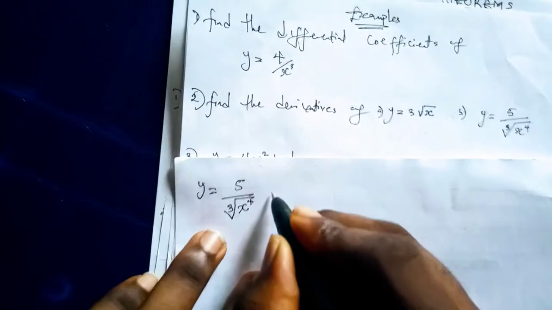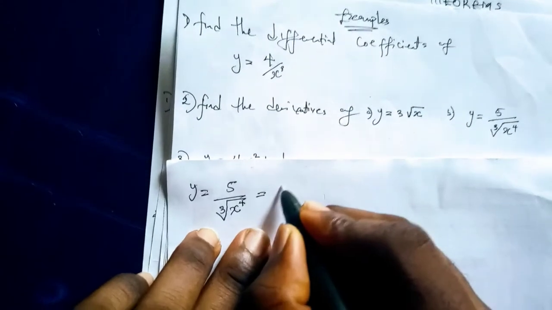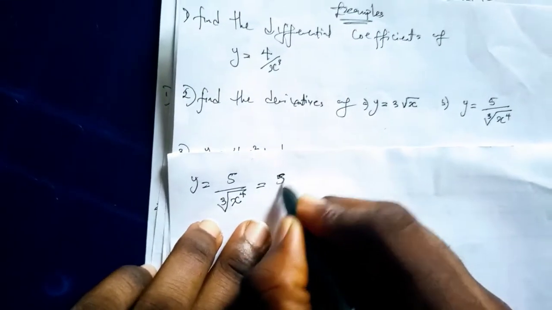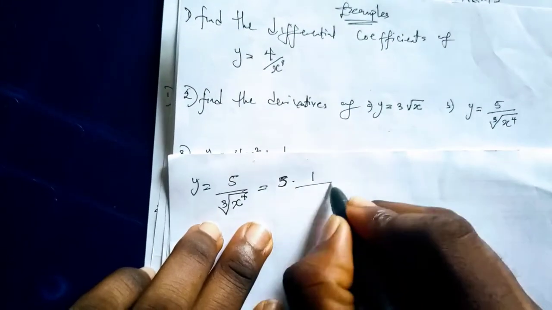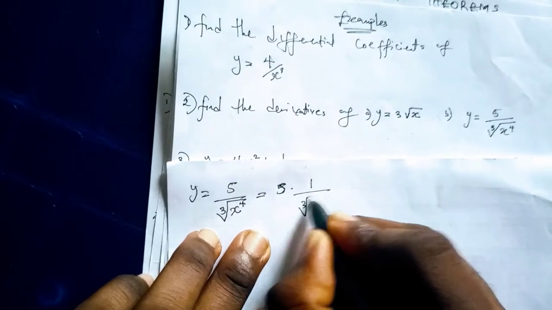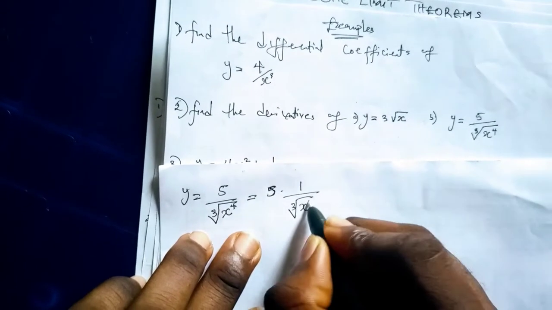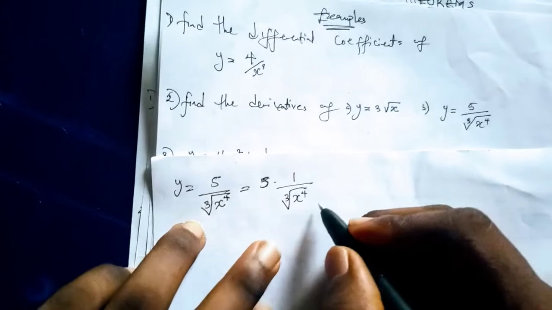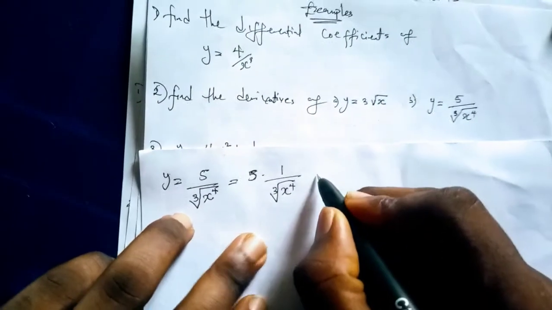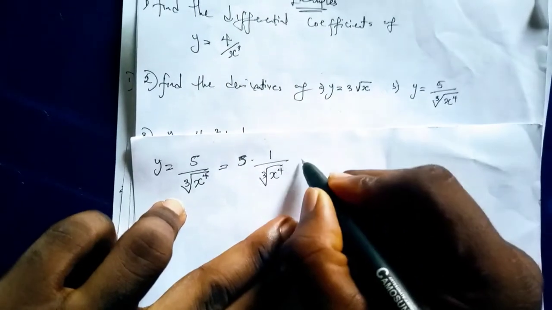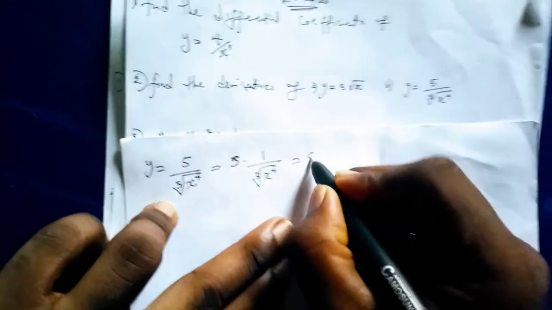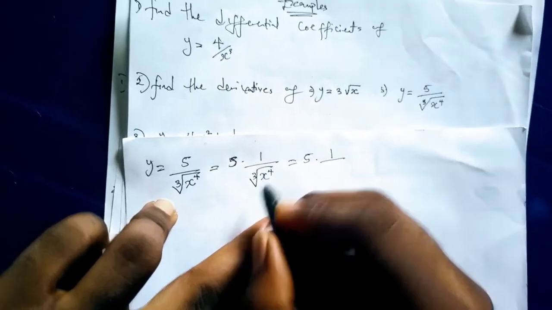Now, we break it down: this is 5 multiplied by 1 over the cube root of x raised to the power 4.